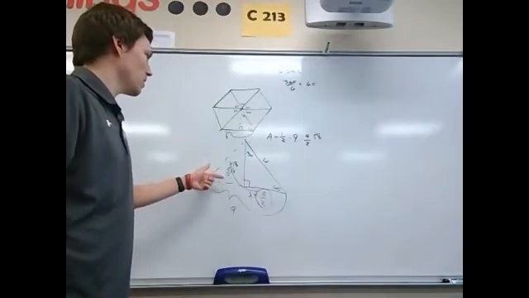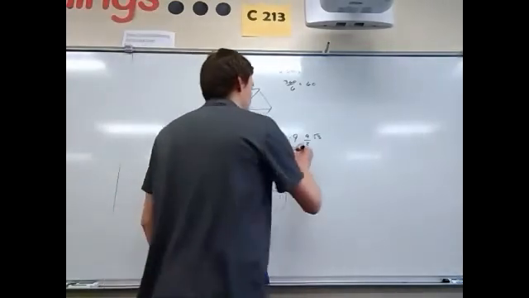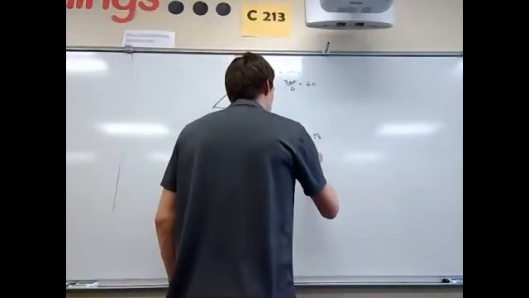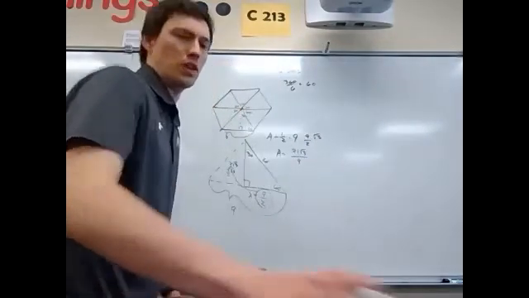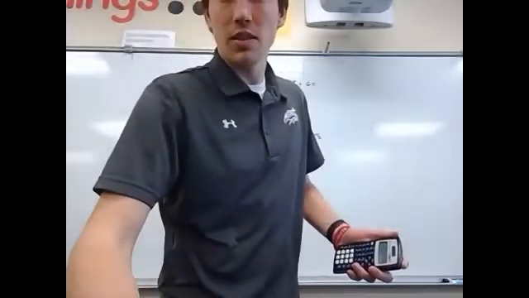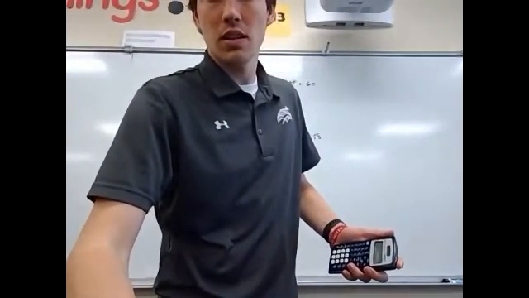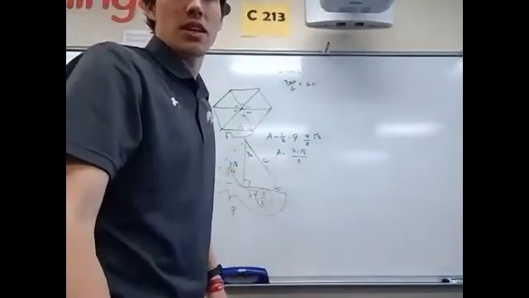So I get area equals 9 times 9 is 81 radical 3 all over 4. And let me take a look at that for a second. Okay. So I've got area is this.